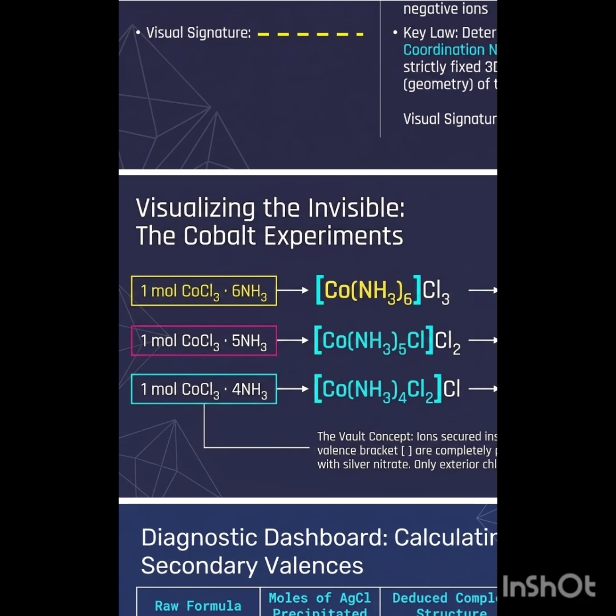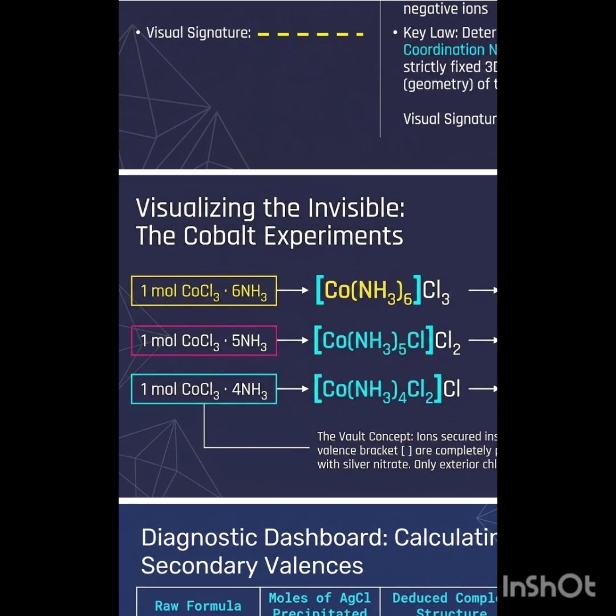Those 3 chloride ions form a white silver chloride precipitate. So the 3 chloride ions are ionizable, present outside the square bracket. The formula is [Co(NH3)6]Cl3, with Cl3 outside the square bracket.